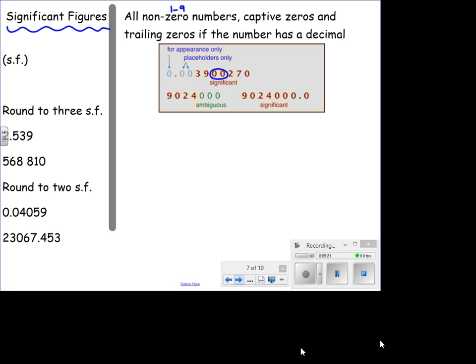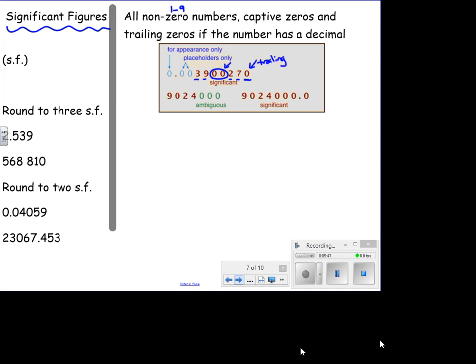So here we have captive zeros, and we also have numbers that are from 1 to 9. And you also wind up having this trailing zero. Trailing means it's at the end, right? It's kind of like the tail, okay? So that one's important because it's trailing.